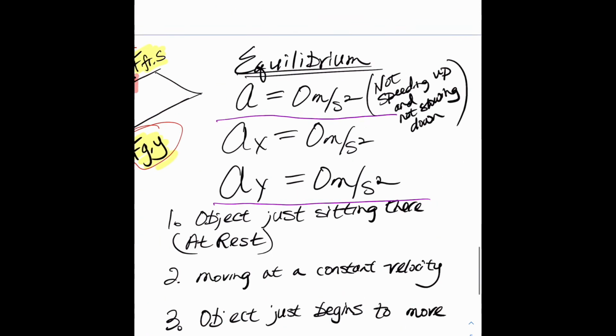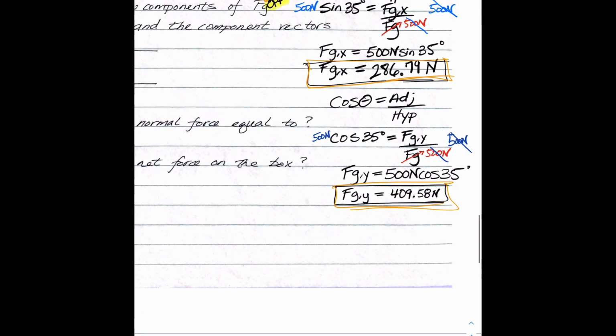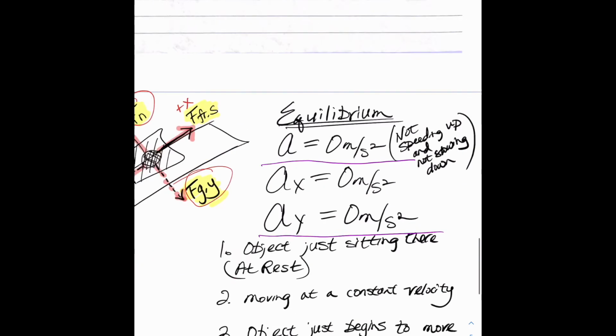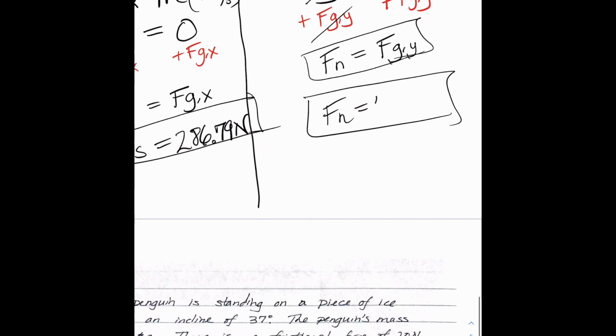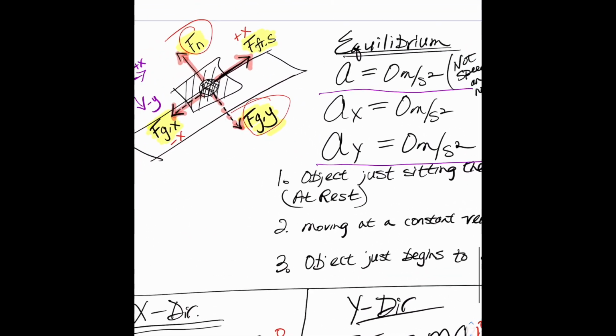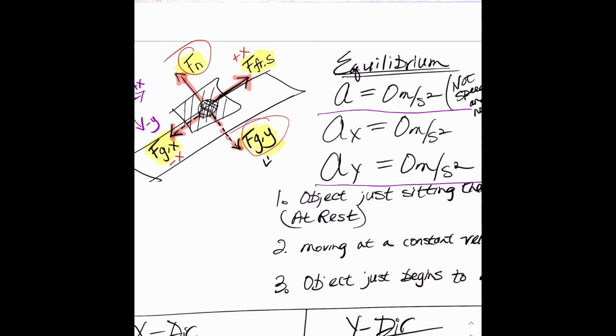So what is that value? 409.58 newtons. 409.58. All right, so we're good. Let's go ahead and write some numbers here, just so you can see something.